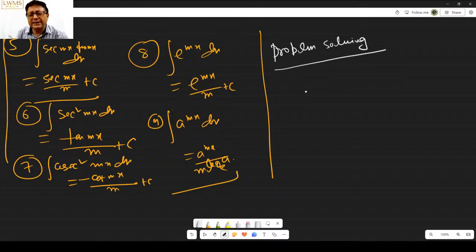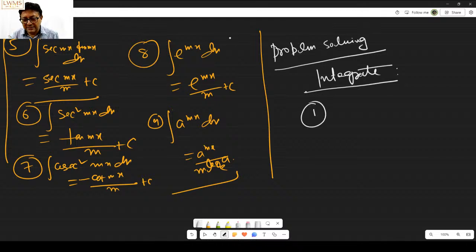Let us integrate; earlier it was differentiate, here it is going to be integrate.